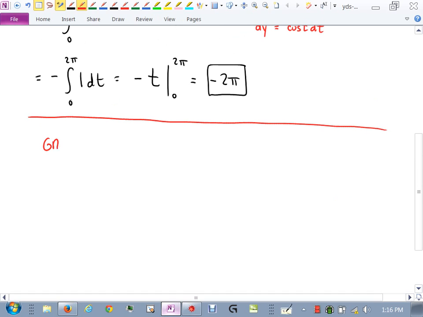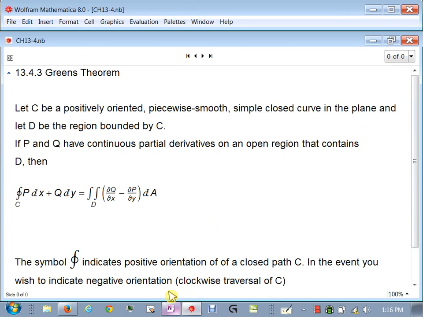Using Green's, P is equal to y, Q is equal to negative x, and according to Green's theorem, I can convert this line integral into a double integral over D of partial Q with respect to x minus partial P with respect to y. So what's the partial of Q with respect to x?